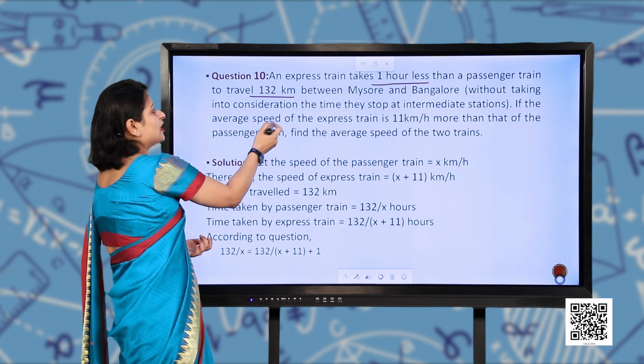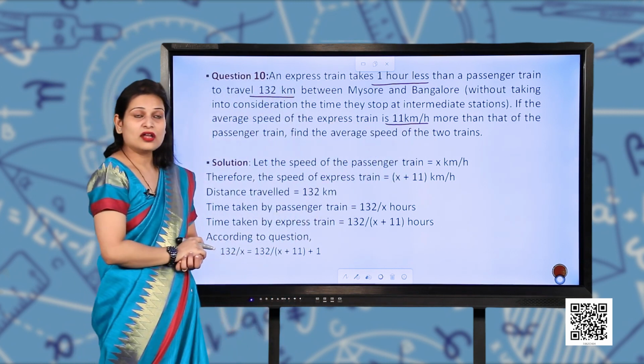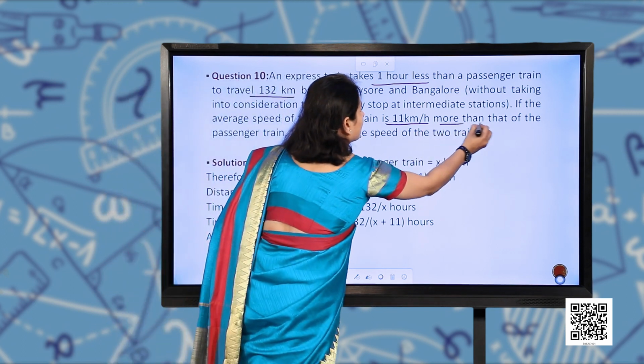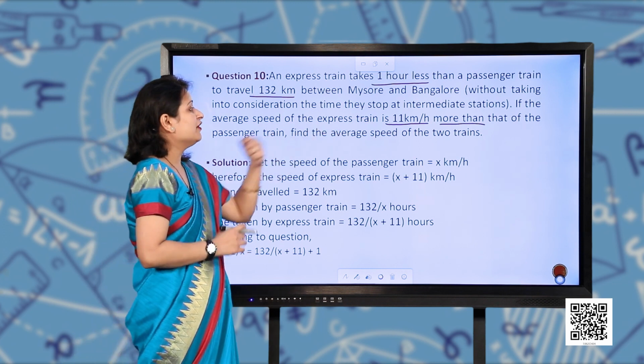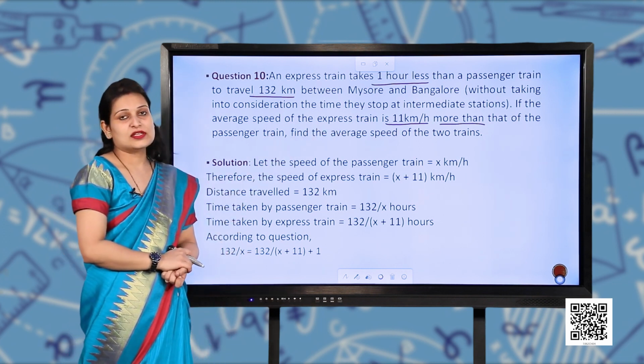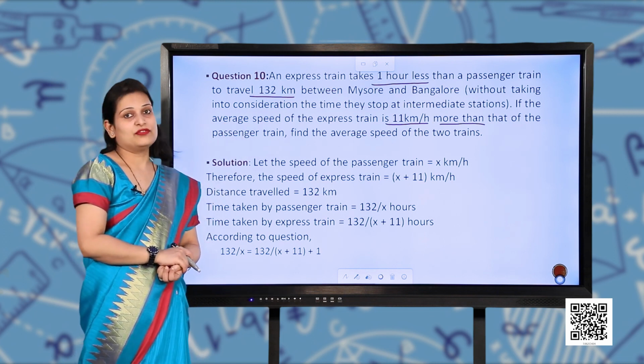If the average speed of the express train is 11 km per hour more than that of the passenger train, find the average speed of the two trains.